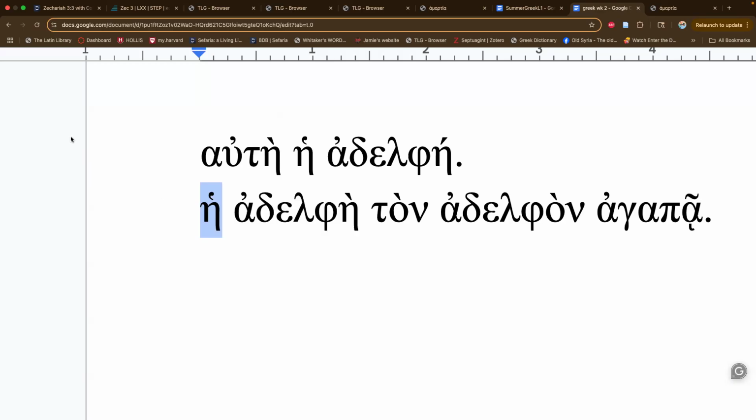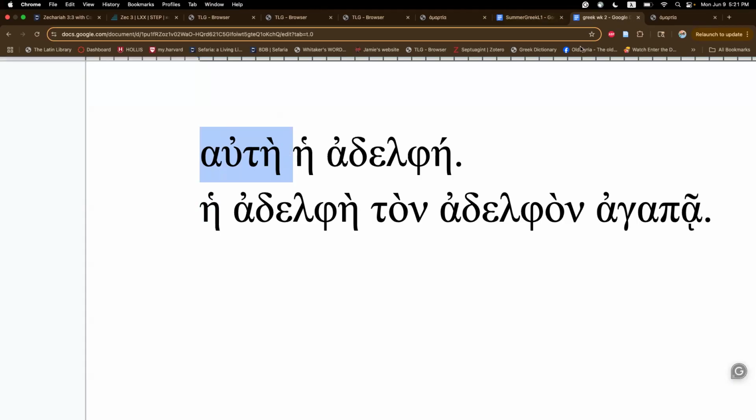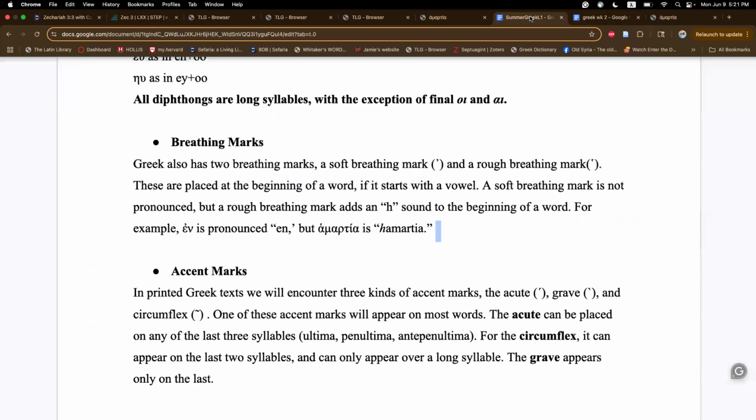Like if you look at a word, and you know what the word means, but you might not be able to pronounce it exactly, that's not a huge deal because everyone who speaks ancient Greek is dead. So it's a benefit. No one's going to judge you for your accent or anything like that. So I wouldn't worry about that too much.